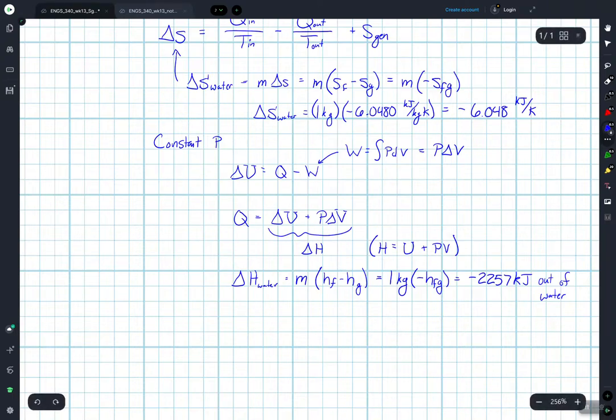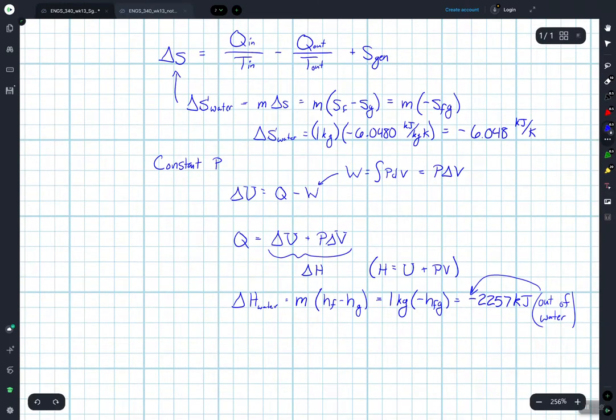Okay, so this is where things get a little bit confusing, but hopefully not too bad. So Q is going out of the water. That's what our negative sign means. So we'll put the magnitude of that as Q out.